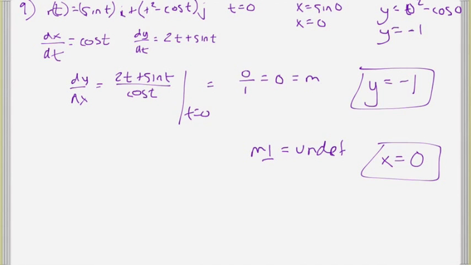All right. The next type of question asked us to do an integral of a vector function. Number 13.